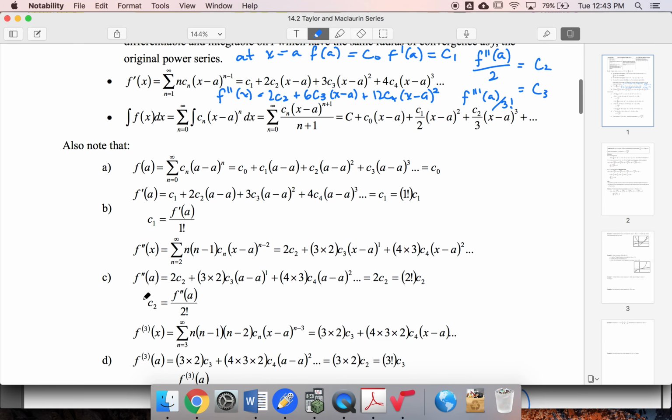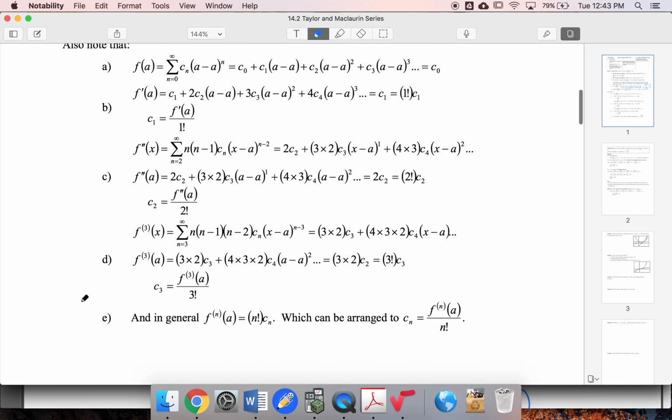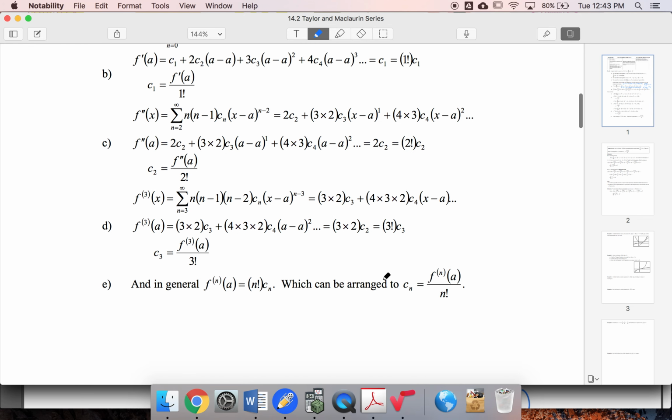Second derivative at a gives me the second constant if I divide by 2, etc., etc. So I can solve for the constants by saying the nth derivative at a, over n factorial.